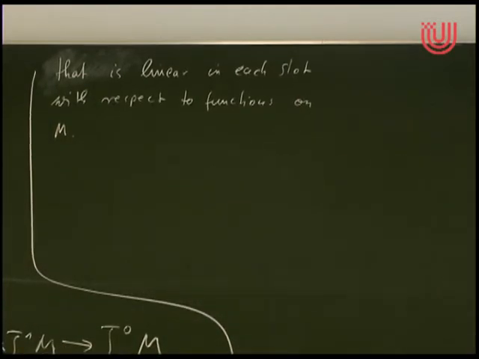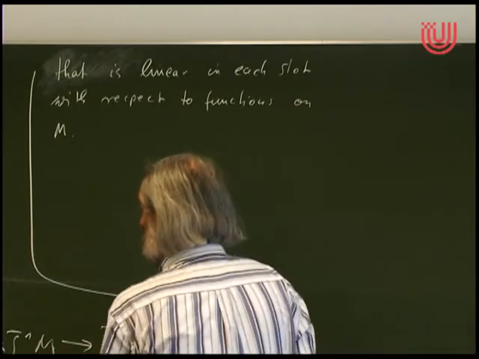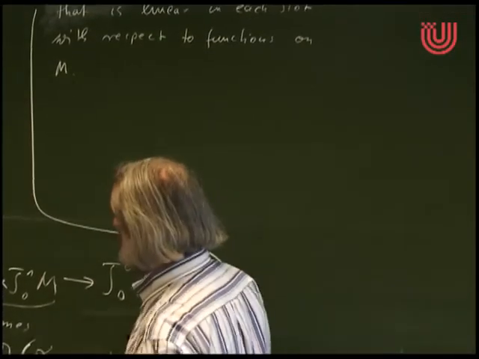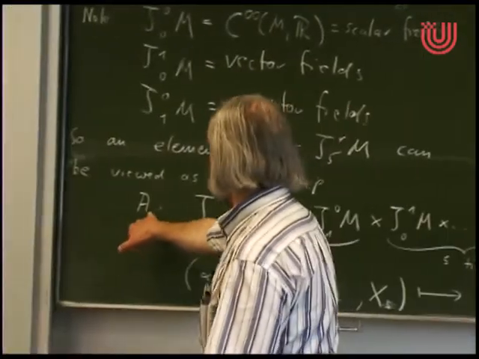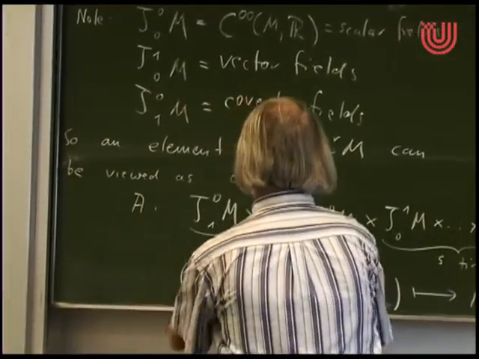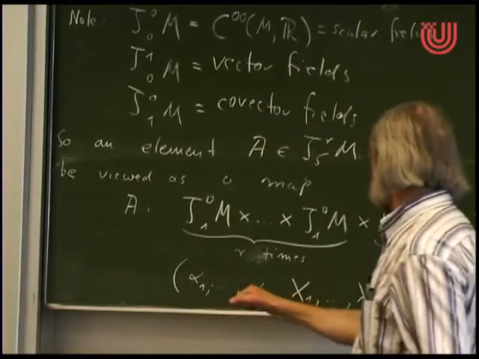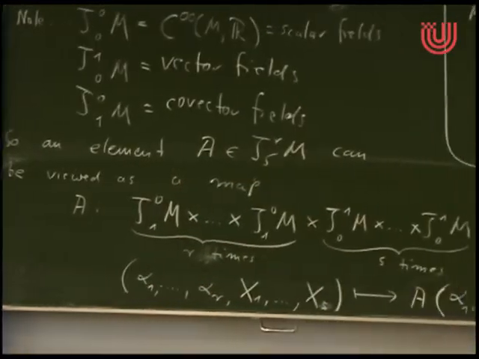It's clear that this property must be true, because a tensor is defined in the way that a tensor would be something of this sort evaluated at one point. If I evaluate this A at one point, then I can only put covectors and vectors at this point into the slots.